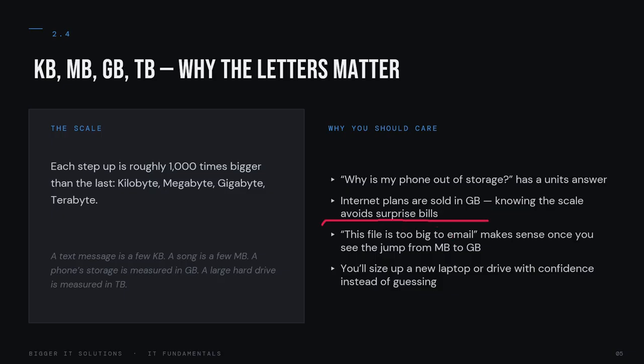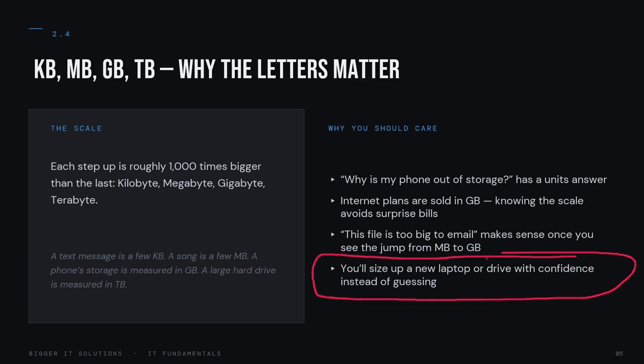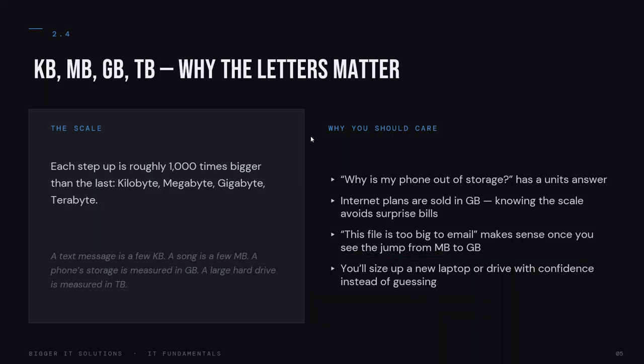Maybe you get files too big to email. I've done this before. The jump from a megabyte to a gigabyte is 1,000. You might be trying to send too much, and you're like, wait a minute, I thought it would support. Oh, I'm trying to send a gigabyte. I forgot, I only have 10 megabytes that it lets me do. You can also size up a new laptop or a new hard drive with confidence instead of guessing on what you may need.